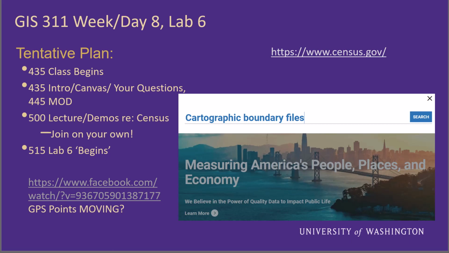It's all about how a GIS point is a good reference to where something is, but specifically in the Pacific Northwest, there's a location that has a GPS placed on it, and it's moving about 18 millimeters per year, which is quite a distance if you think about it. 18 millimeters per year, and they explain how it is moving and what causes it. It's a very, very interesting video.